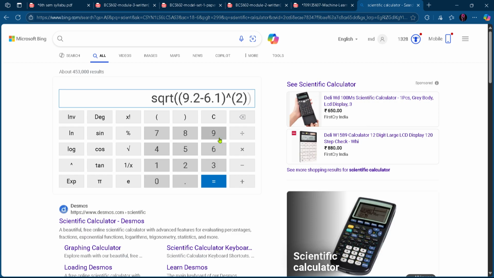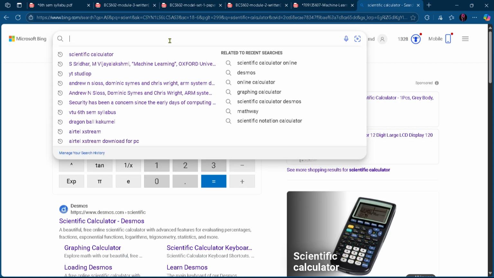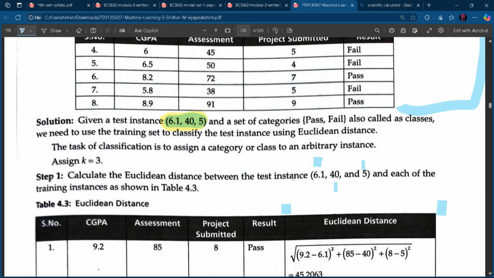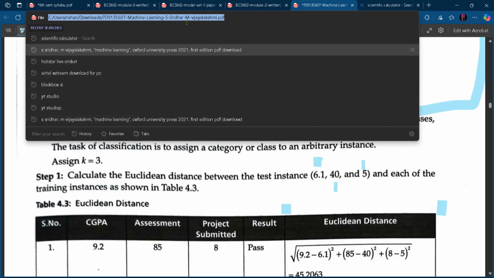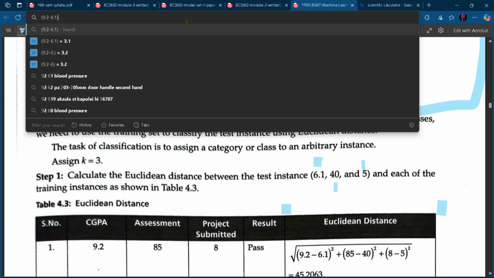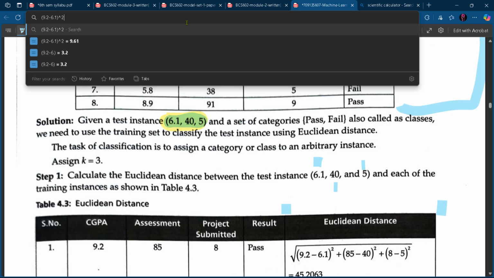Then I have to put this whole thing in a bracket. I can't put a bracket over here, so we'll do it differently. I'll open the bracket: 9.2 minus 6.1, to the power of 2.